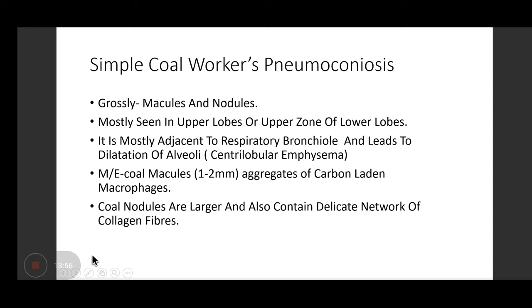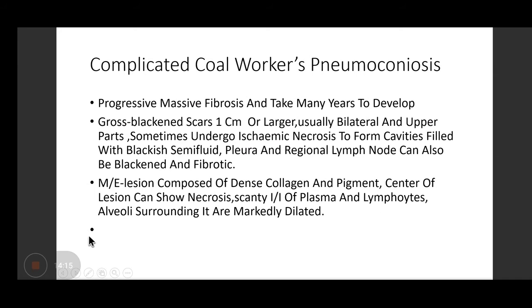These macules are formed due to aggregates of macrophages, that is, carbon-laden macrophages, and the coal nodules are larger and also contain a delicate network of collagen fibers. The other one is complicated coal workers pneumoconiosis, also known as progressive massive fibrosis.